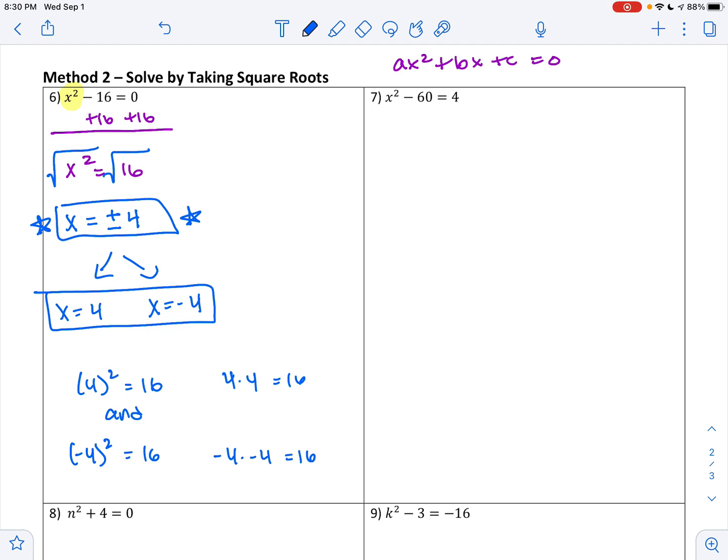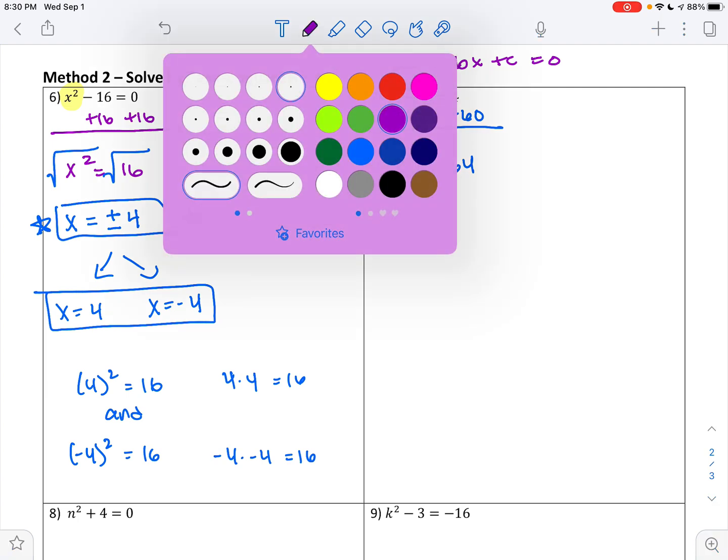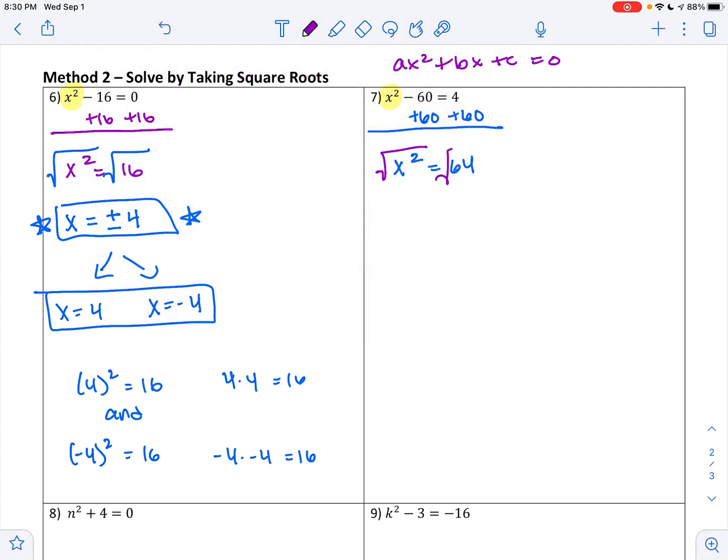Let's try that again with example 7. We want to get x squared alone. Well, we're subtracting 60 from x squared, so to undo subtraction, I'm going to do addition. And I'll have x squared equals 64. To undo a square, I can take a square root.